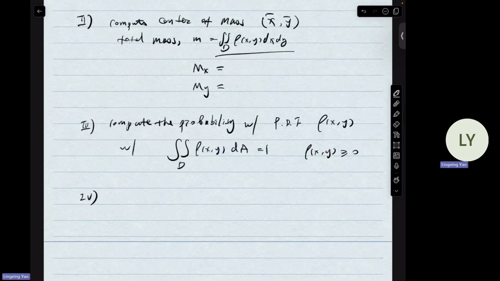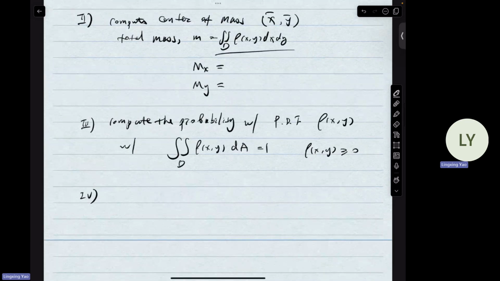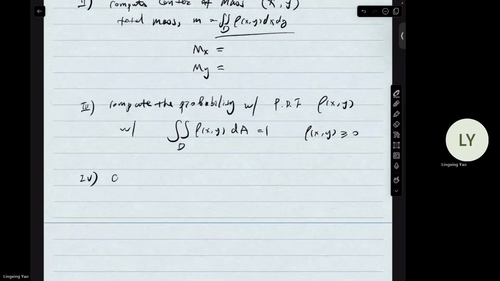All right, and what else? I think it was discussed in the later part after the triple integral, but there is also the so-called change of variable.